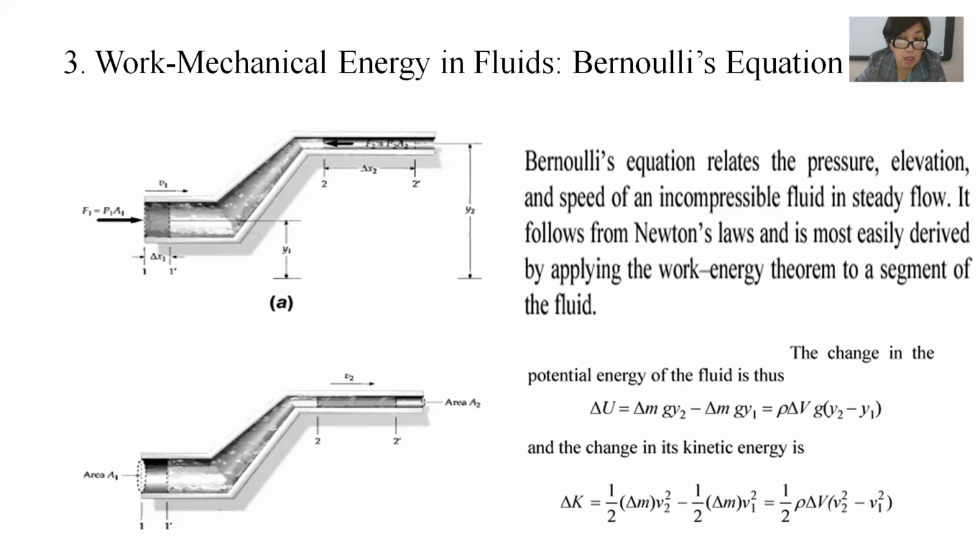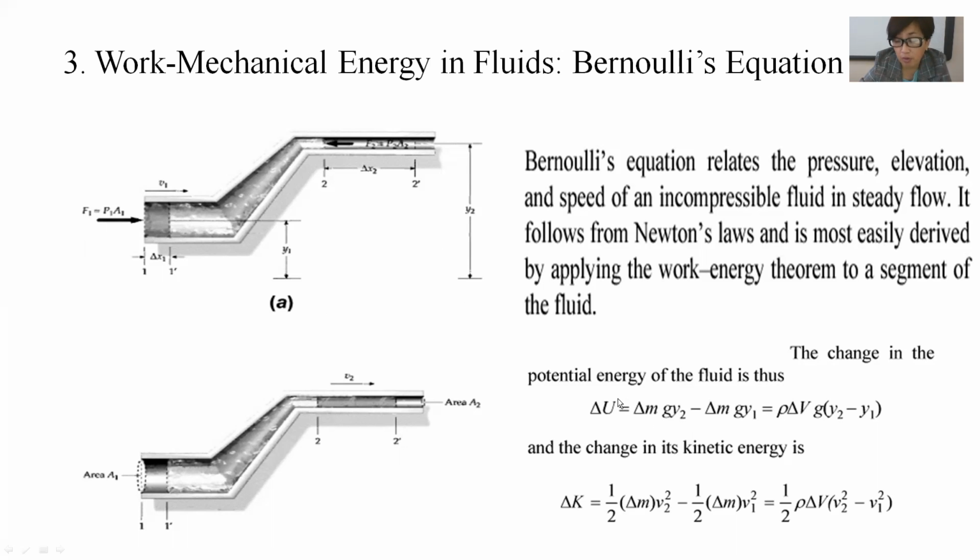The change in potential energy, delta U, is delta m g y2 minus delta m g y1, where this is delta m.